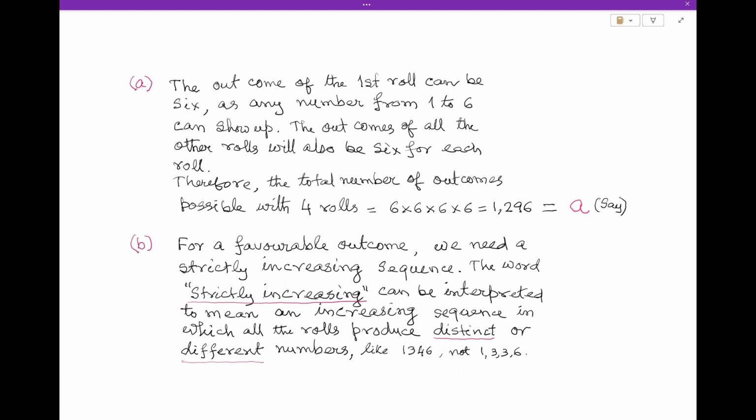That is, 1, 3, 4, 6 are 4 numbers where each subsequent number is more than the previous number. That doesn't happen in 1, 3, 3, 6.